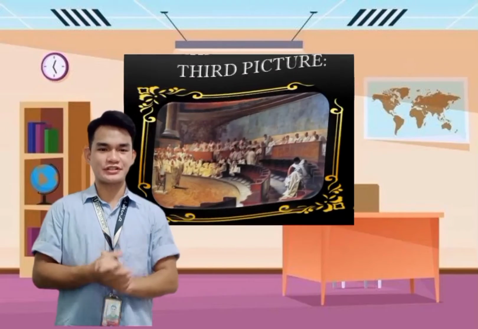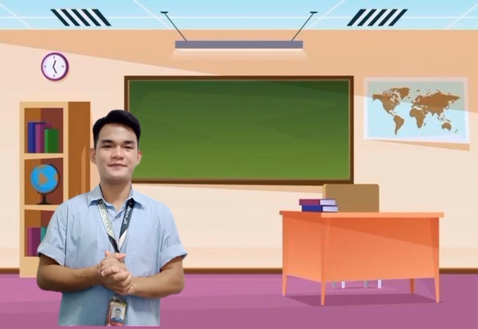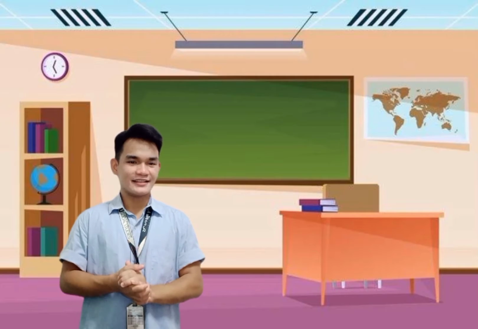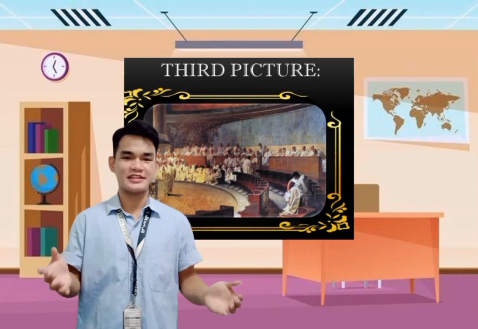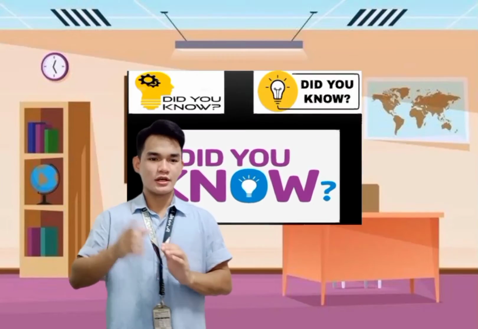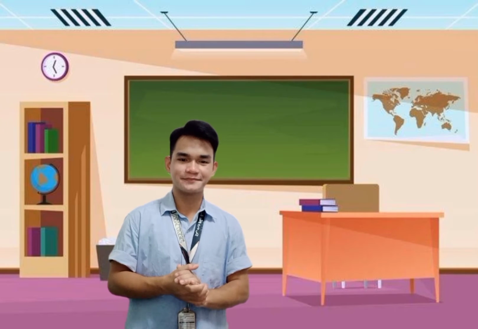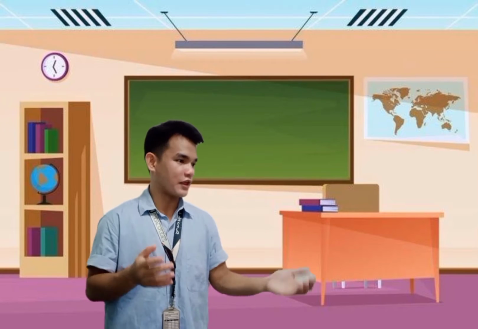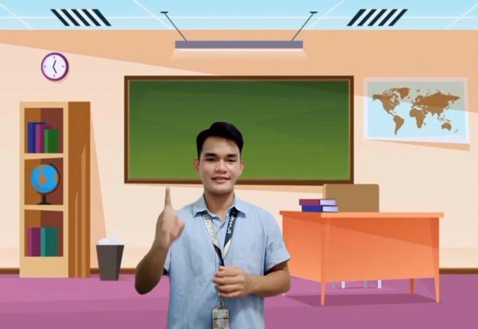Okay, third picture. What pictures do you see on the screen? Anyone, class? Okay, very good. That's true. These pictures represent a centralized government in the past. Did you know that the first centralized government is credited to Menes, an ancient Egyptian pharaoh of the earliest dynasty period, and the founder of the first dynasty, Dynasty 1.